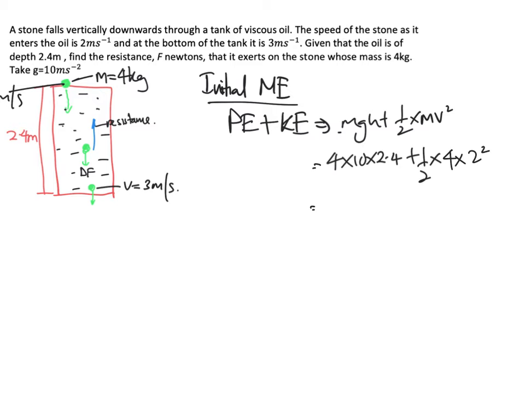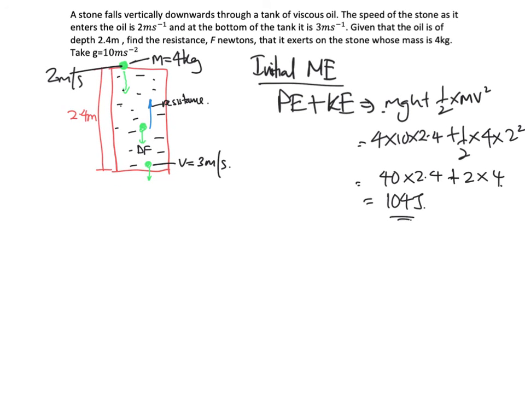Use your calculator to find this. That's 40 times 2.4 plus 2 times 4, so that's 104 joule. That's the initial ME.